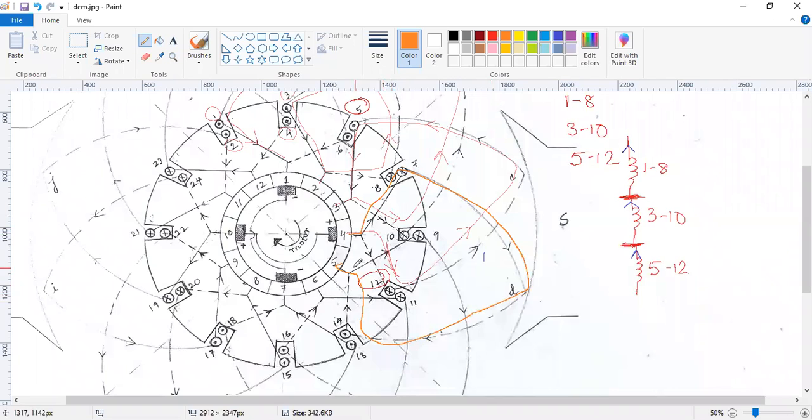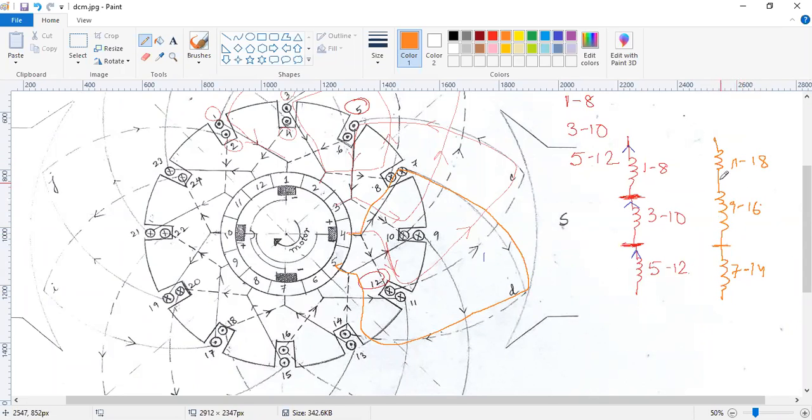Now you see, 7 to 14, 9 to 16, and 11 to 18.